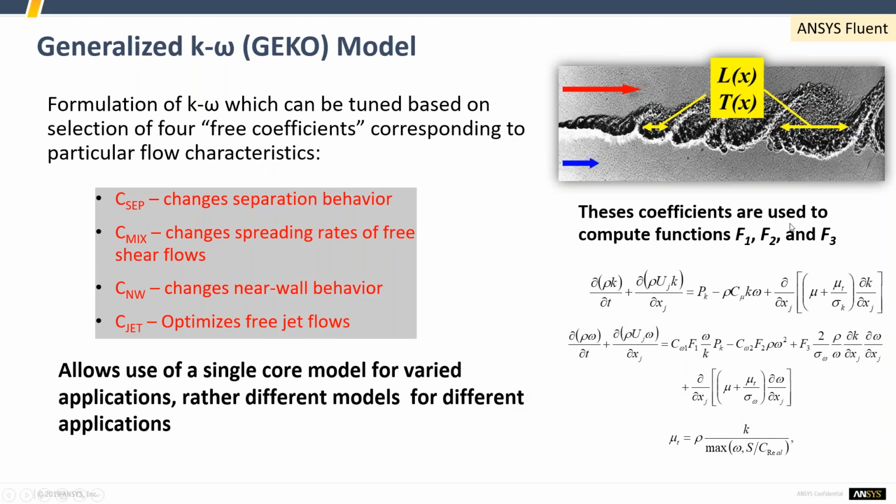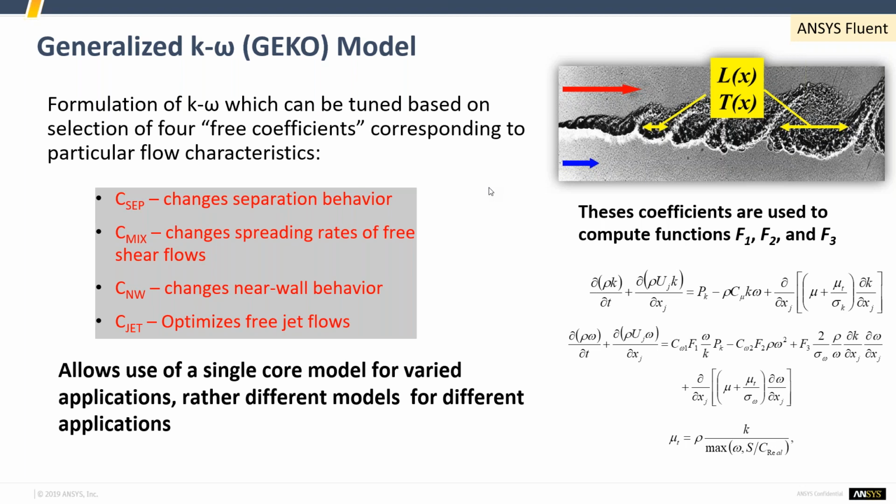New turbulence models. Florian Menter, the turbulence guru at ANSYS, has developed a new model, a generalized k-omega called GEKO. And the really cool thing about this is that you have tunable parameters. Before, if you knew that your mistake lay within the turbulence model, then you really had no chance to change this, because if you changed those parameters for the k-omega SST, for example, then your simulation would crash.